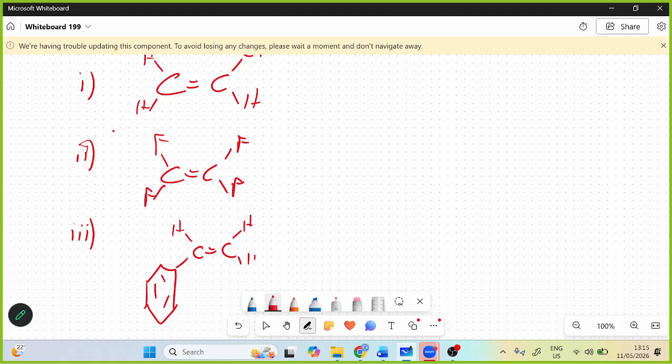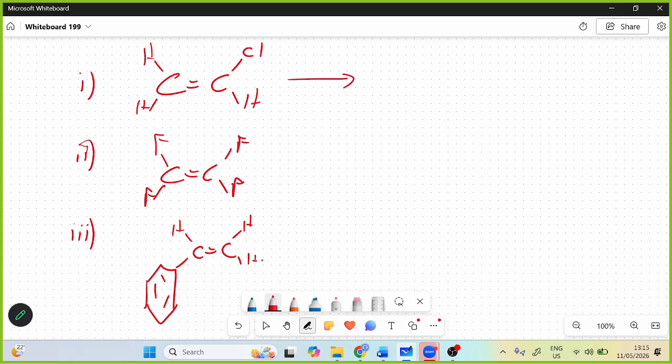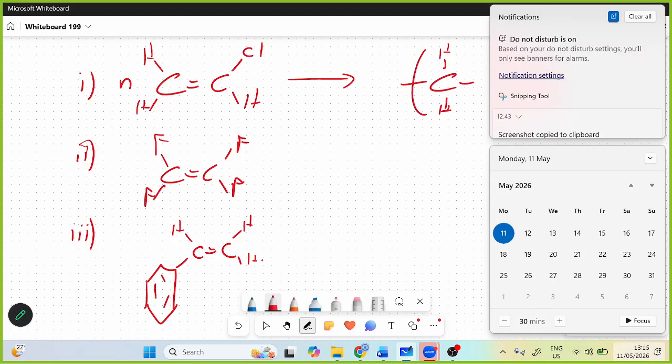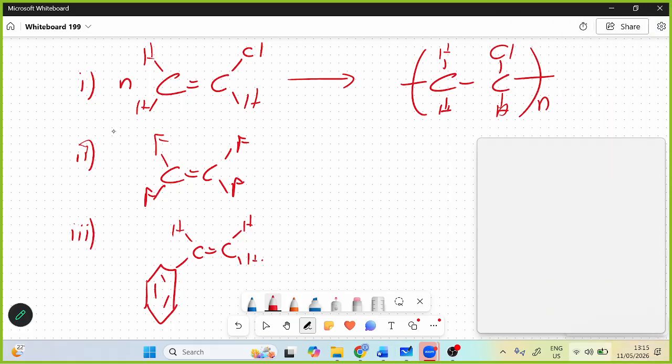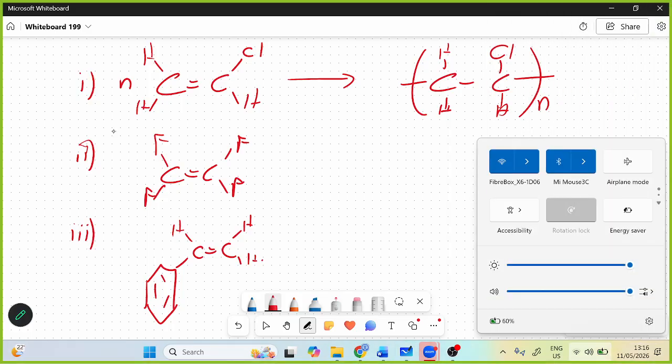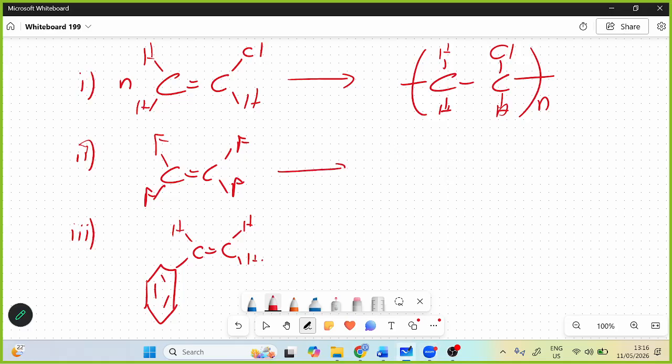For the first one, if I put the Cl on the bottom right, it doesn't matter, as long as when you draw the monomer or the polymer, you have 3 hydrogens and 1 chlorine. Even for the fluorine, the second one, it doesn't matter where you put them. Although it does, because you need 4 fluorines. Okay, never mind. But for the first one, no.